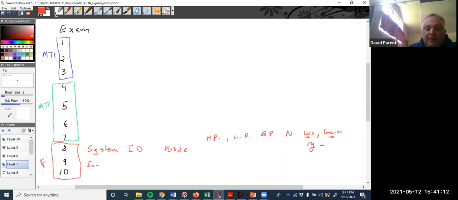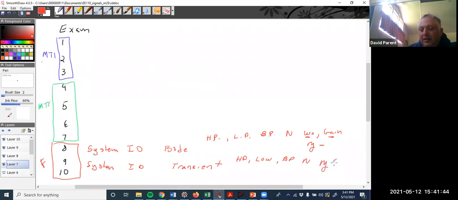Then we'll have system ID from a transient, right? And it'll be the same thing. High, low, band, notch. But you don't find it exactly. You estimate things.